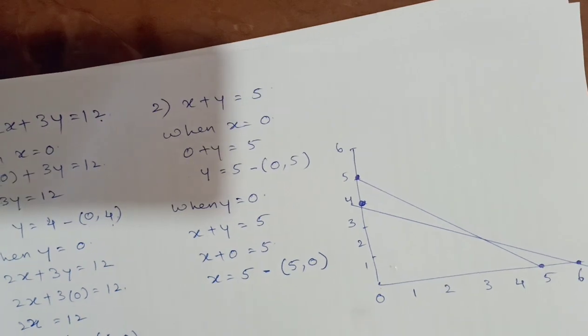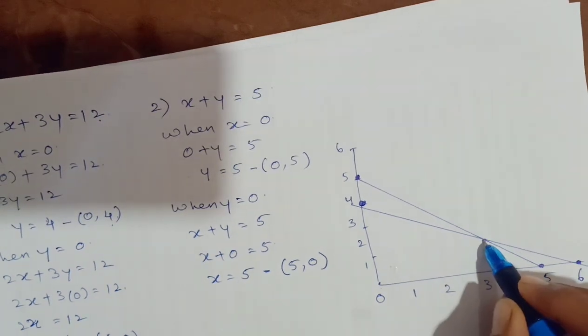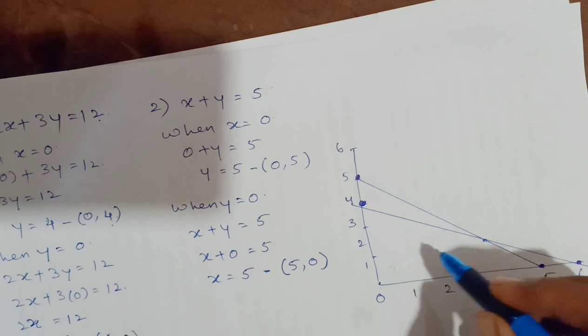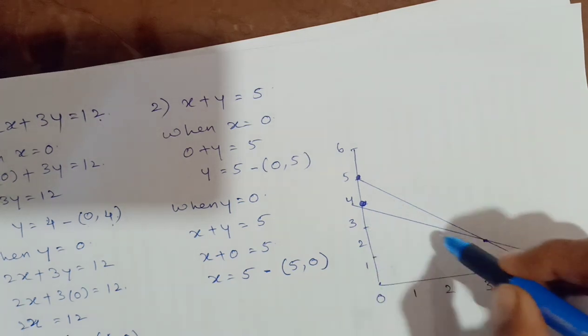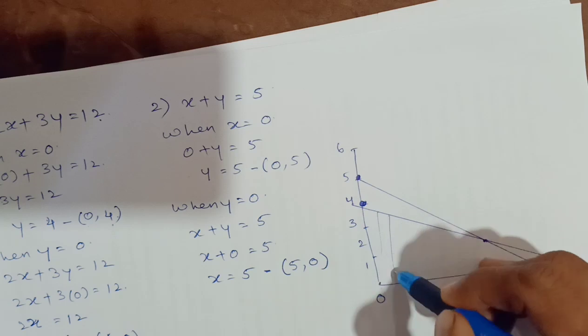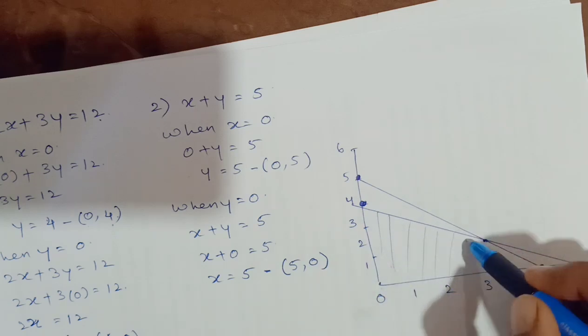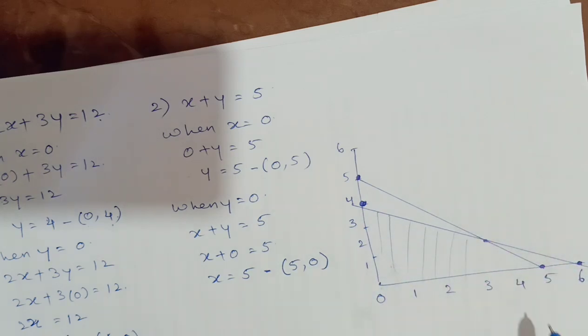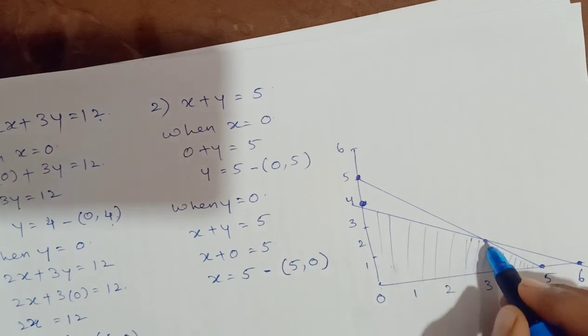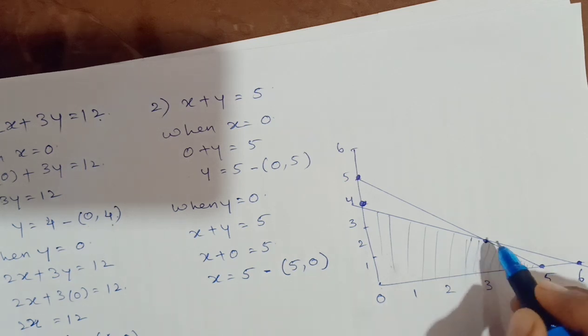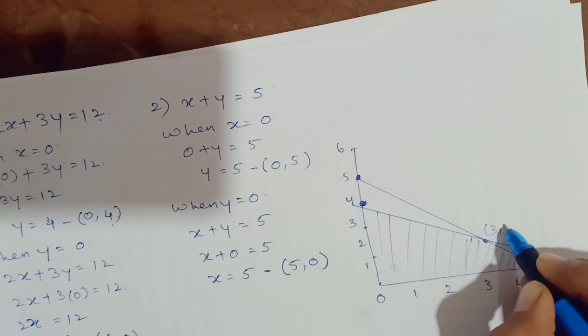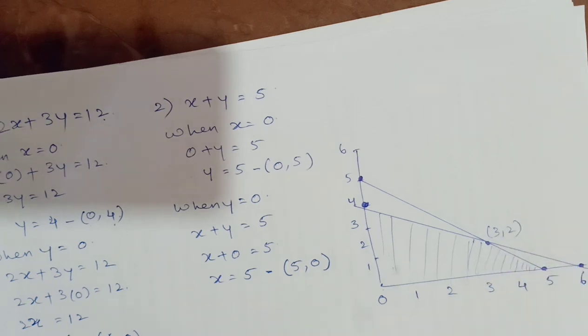Here we will get one particular intersection. As it is less than or equal to, the feasible region will be here, below the lines. The exact intersection point should be 3, 2.